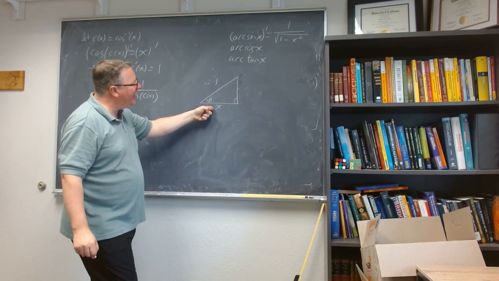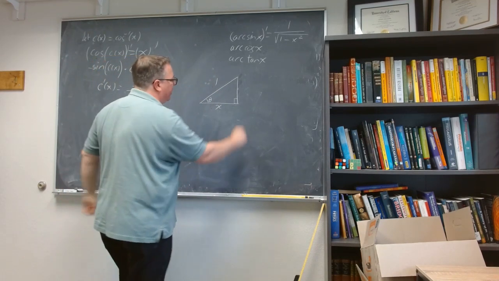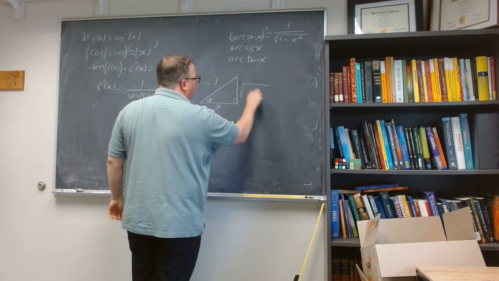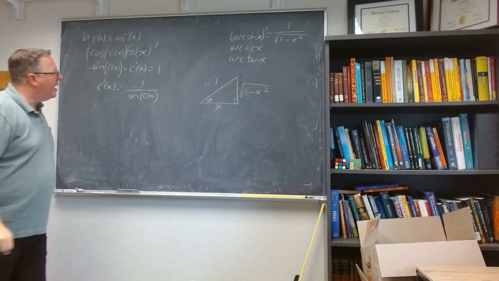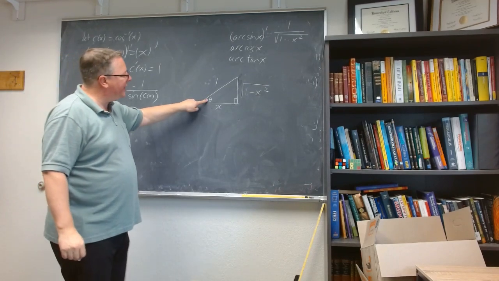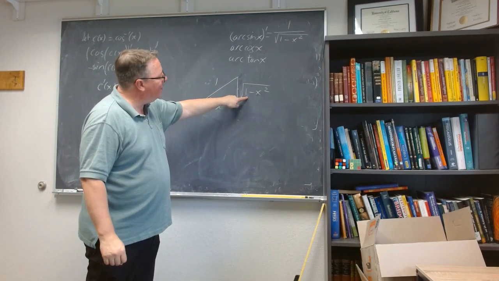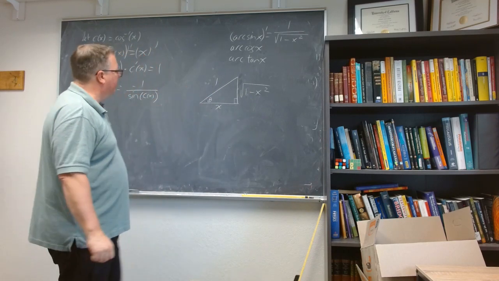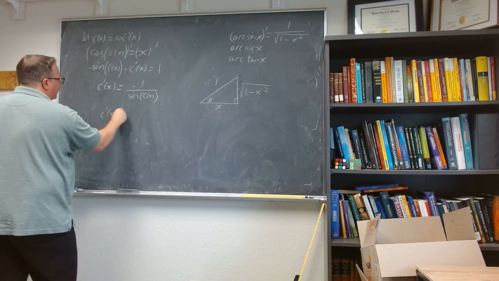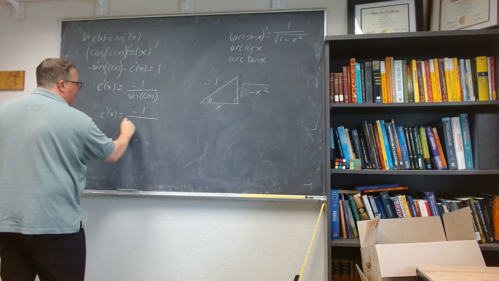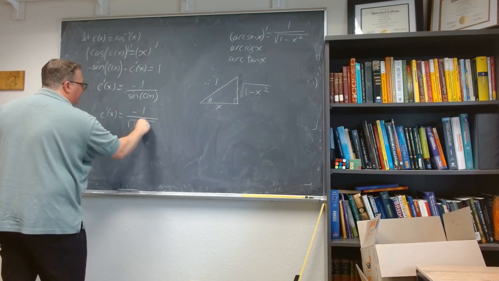That means this length is now x, this length is 1. Solving using the Pythagorean theorem gives us 1 minus x squared here once again. And so when we take the sine of this angle, we now get root 1 minus x squared over 1. So that means that c prime of x is negative 1 over the square root of 1 minus x squared.